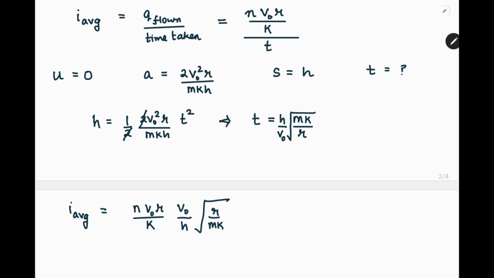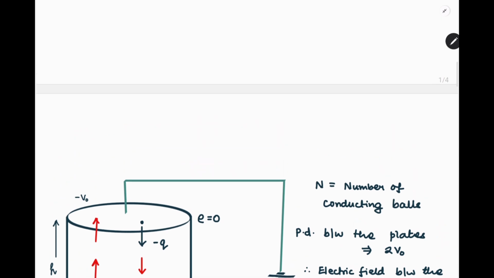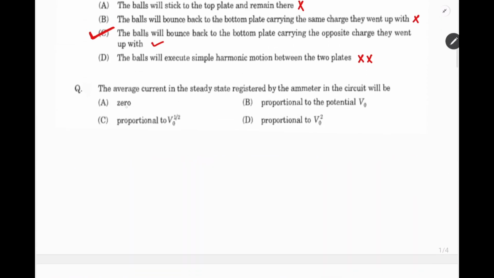From here it is clear that I average is proportional to V naught square, as in the denominator we have two V naught terms, which is established from this relation. Going back to the problem to check the options: 0 is incorrect, proportional to V naught is incorrect, proportional to V naught square is correct, so it matches alternative D, and proportional to root V naught is incorrect.